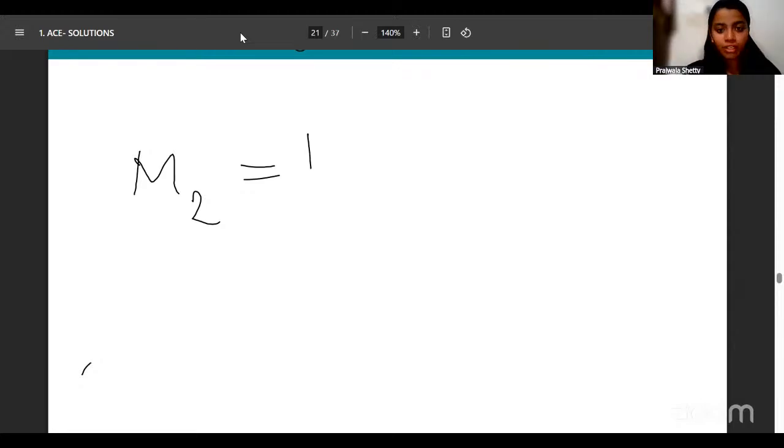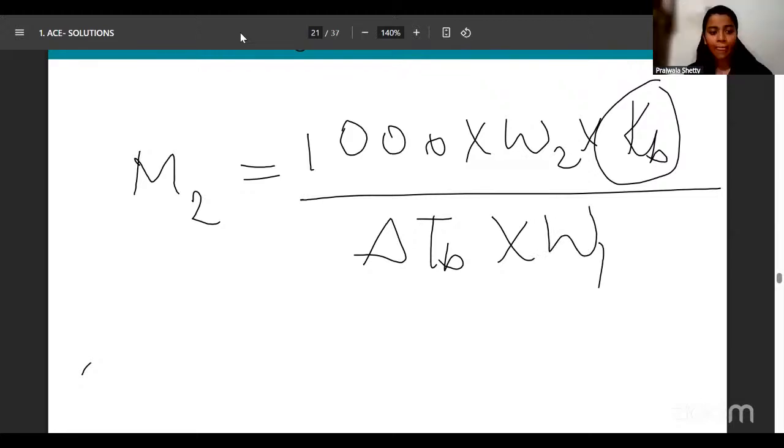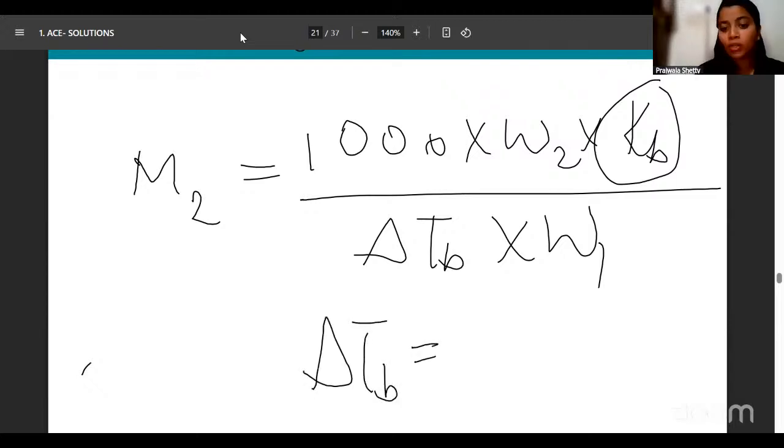Then you have the difference and W1. W1, W2 are weights. And delta TB is sometimes not given directly. In that case, you have to calculate it manually. How do you calculate it manually? As I told you previously, you have to do TB minus TB not.